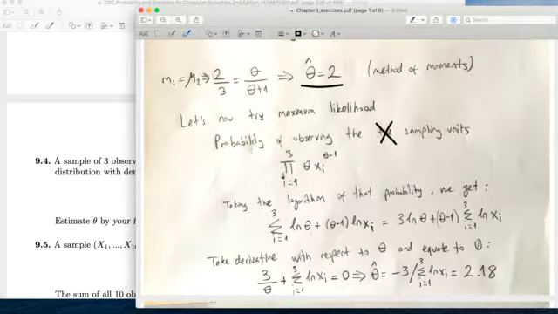Another thing is, instead of maximizing this, we can also maximize the logarithm of this, because the logarithm is also an increasing function. If you maximize the logarithm of this, you will be maximizing this as well. So in order to turn this product into a summation, we take the logarithm of this equation.